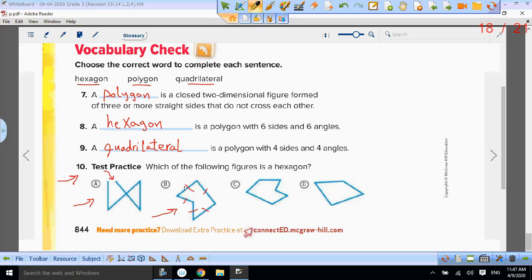So what is the name of this polygon? Yes, it's a pentagon, not a hexagon. Okay. For this one, it has 4 sides, so it is a quadrilateral. Okay. This one has 1, 2, 3, 4, 5, 6. Yes. The polygon which has 6 sides is called a hexagon.